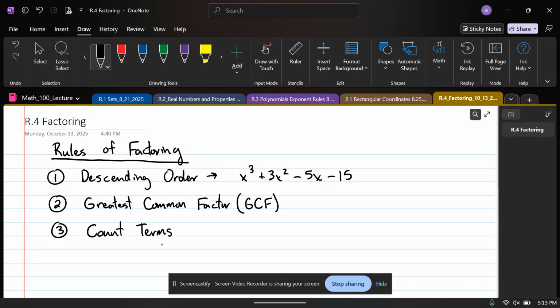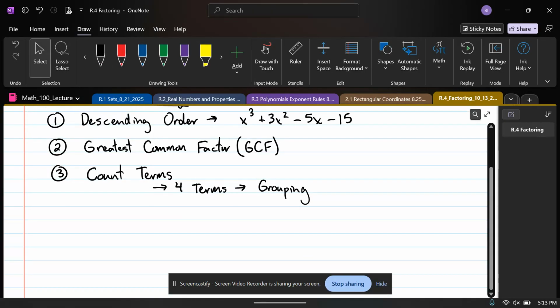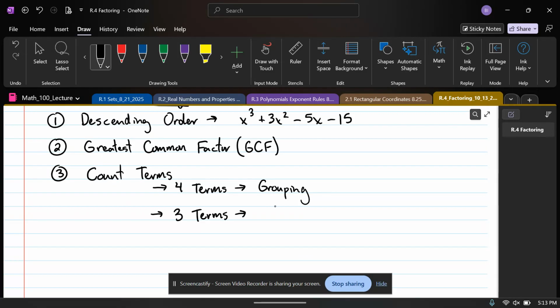If there are 4 terms, we're going to use a method called grouping. If there are 3 terms, we're going to use what I call the X method.